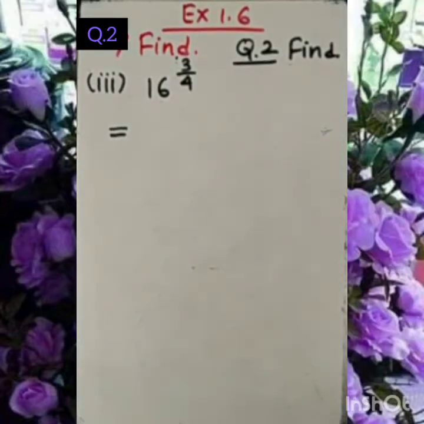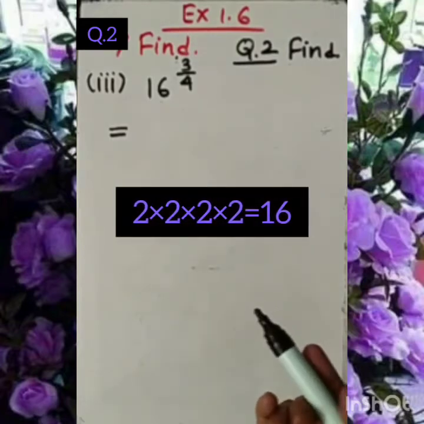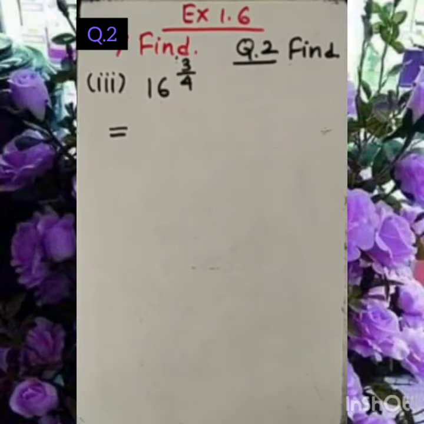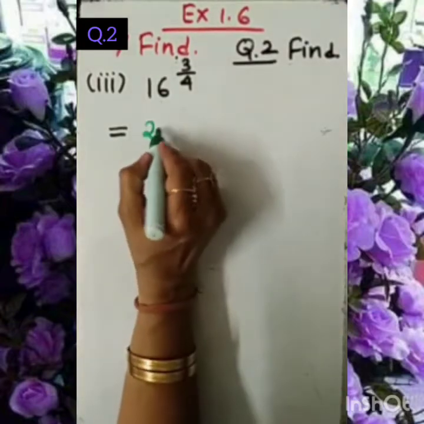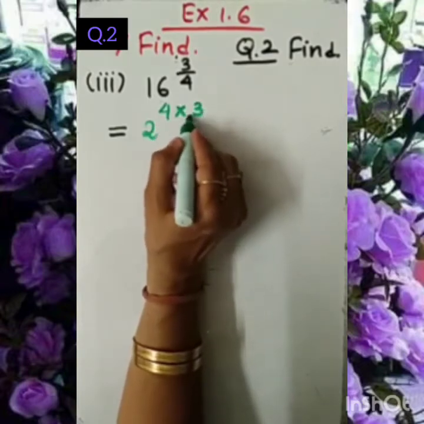Yes, we can easily write it, because 16 is 2 into 2 into 2 into 2. That is 4 times, right? So we can write 16 as 2 to the power 4, raised to 3 by 4.